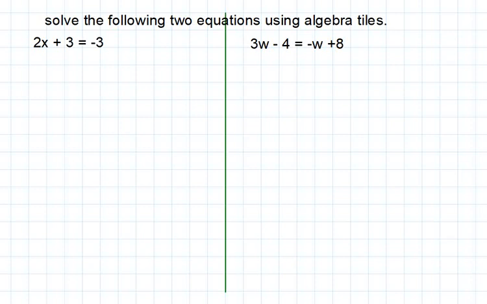So starting with the x, here I'm going to be using a darker color, just as if you're using a pencil. You're going to draw a rectangle for each x, so that's 2 x's. Okay, so that's where these two rectangles came from, and the 3, it's positive, so we're gonna draw 3 little squares.